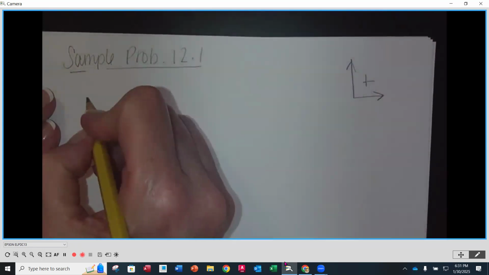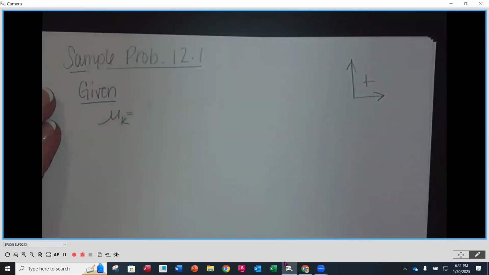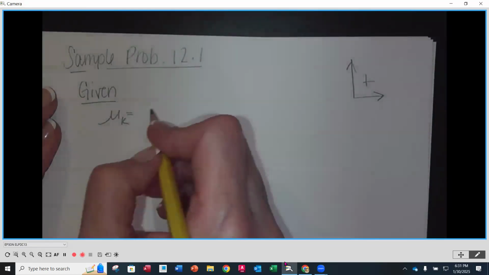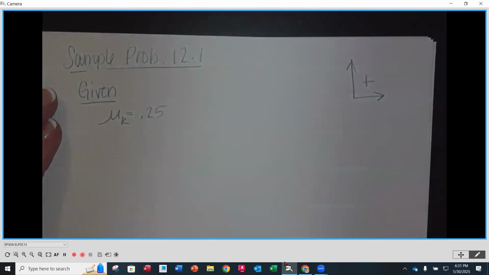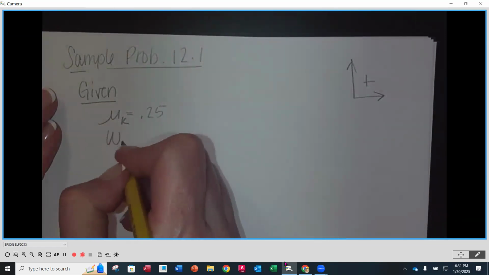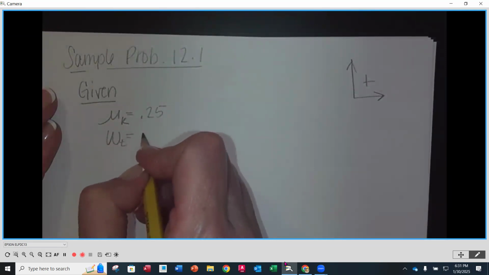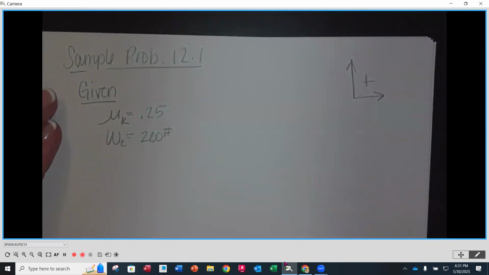I'll put all the givens. It's the right thing to do. We know that mu, the kinetic coefficient of friction, is 0.25. We also know that the weight of the block, I'm going to put WT for weight, is 200 pounds. So we're in the English system.